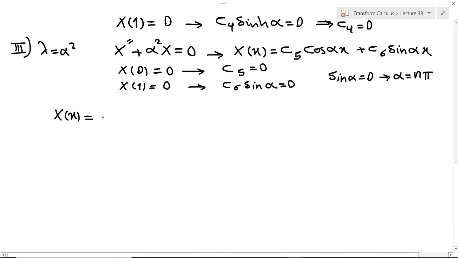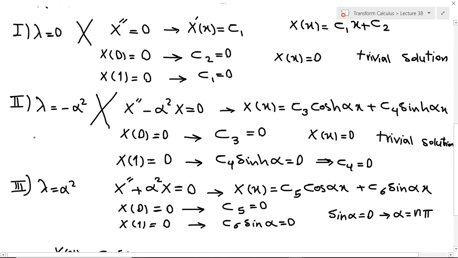X of x is equal to C6 sine alpha x. Alpha is n times pi. So we have X of x is equal to C6 sine n pi x. Now we have to find T of t.